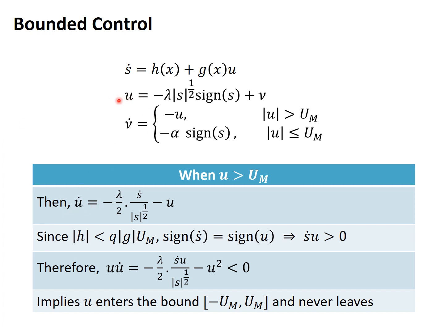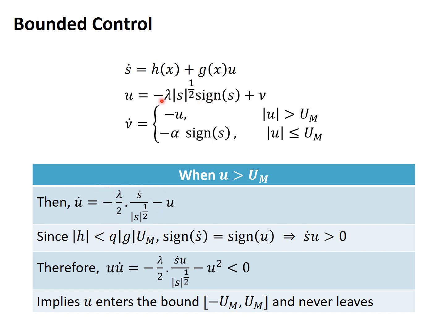We take U dot, and you get this V dot coming in, and V dot will be minus U when U is greater than U M. As you see, V dot is minus U, and this other term, when a derivative is taken, takes this form. You can do some differentiation exercise yourself and land up on this.